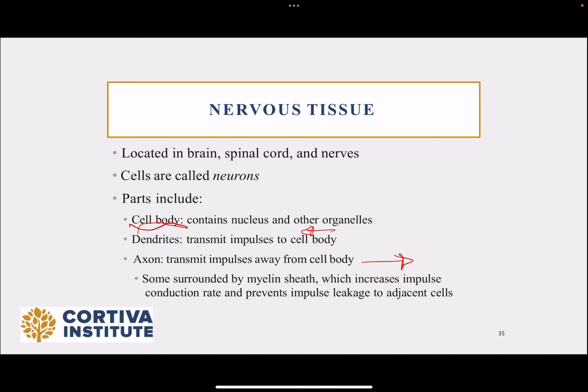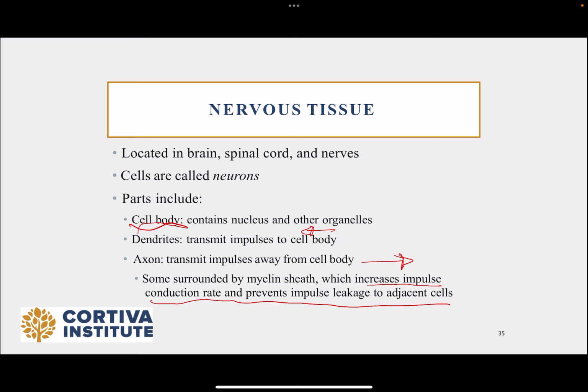If something happens to this sheath of protection for the neurons, that's a really big problem. You can develop things like multiple sclerosis, for instance, if you do not have that beautiful myelin sheath. And it's going to increase, of course, impulse conduction rate and prevent impulse leakage.